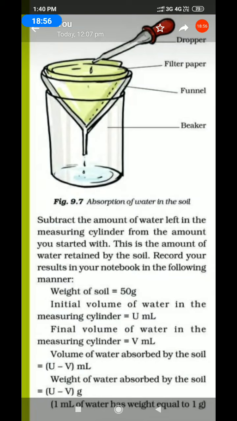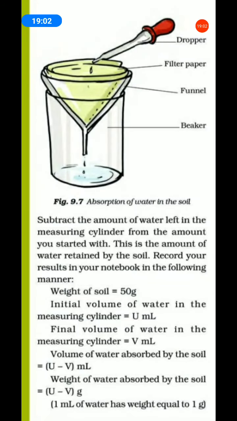The volume of water absorbed by the soil is U minus V ml, and the weight of water absorbed by the soil is U minus V grams. So 1 ml of water has weight equal to 1 gram.